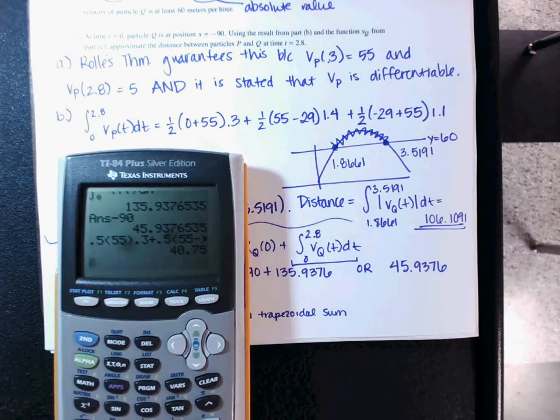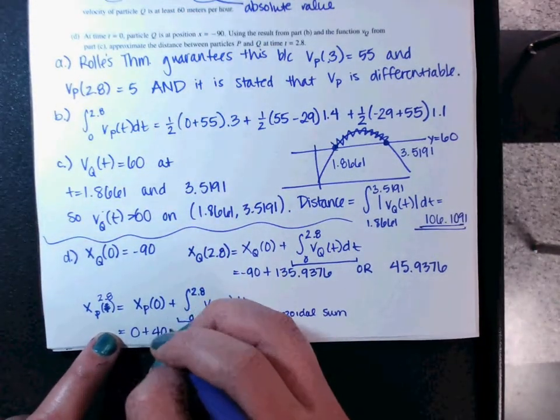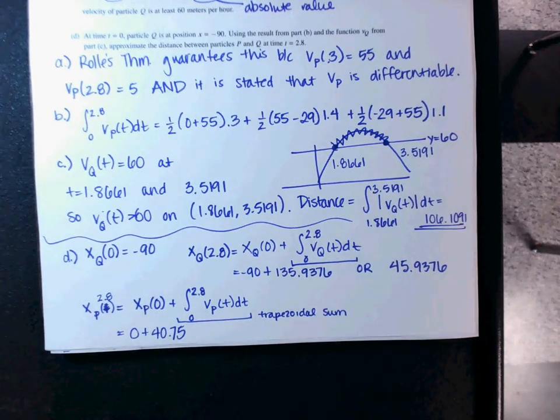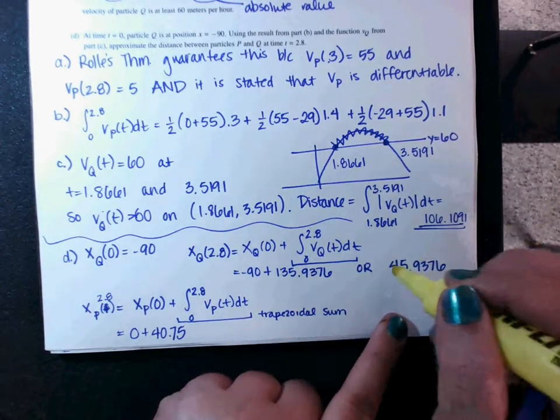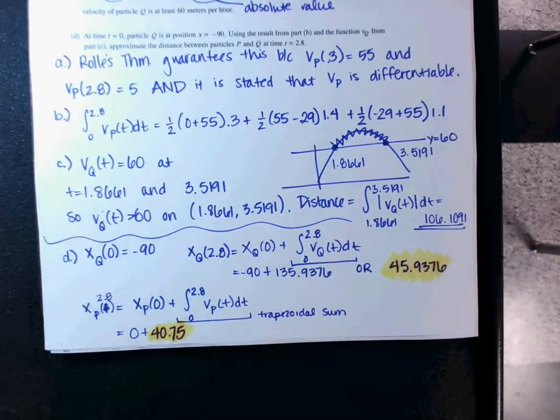And that gives me 40.75. Okay, so think about, if one of my particles is at a position of 40.9376 and the other particle is at 40.75, then how am I going to find the distance between the particles?